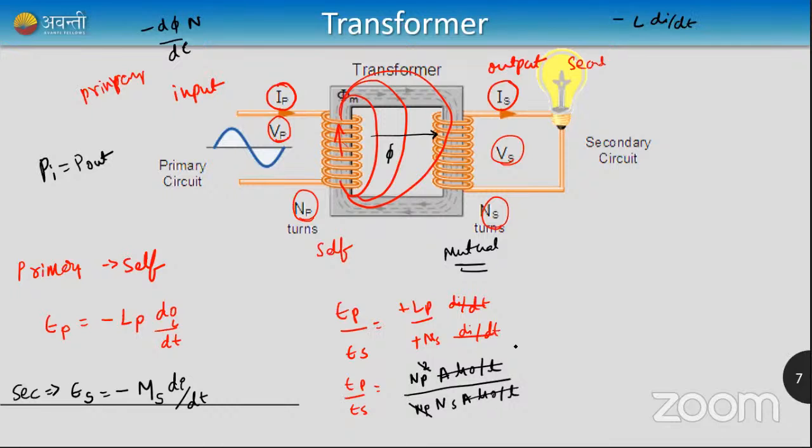I'm left with NP by NS. So the most simple formula here is EP by ES is equal to NP by NS. This is the formula for transformers, guys. This is the whole formula for transformers.